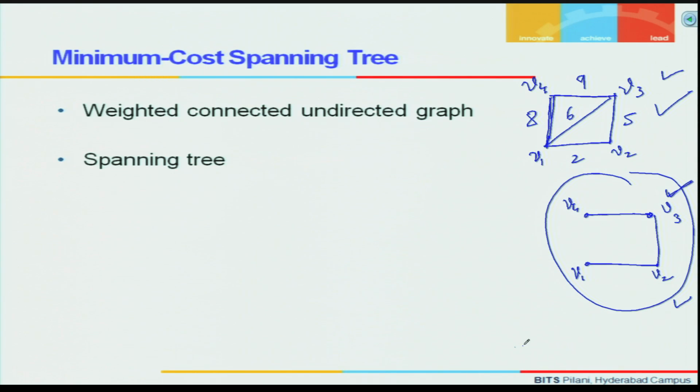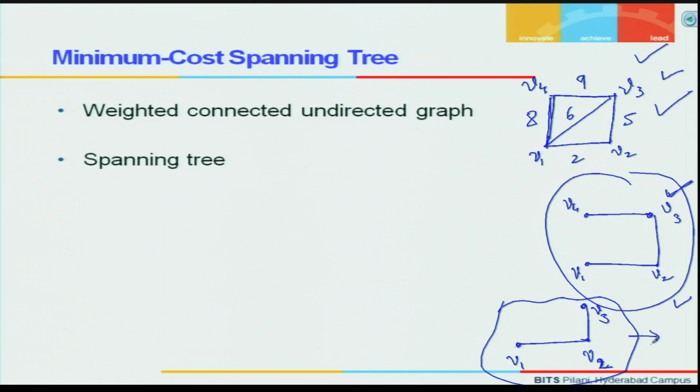I will take another example. I will say V1, V2 and say V3. Is this a subgraph or not? This is very much a subgraph of the original graph that we have got. But I ask you the question, is it a spanning tree?